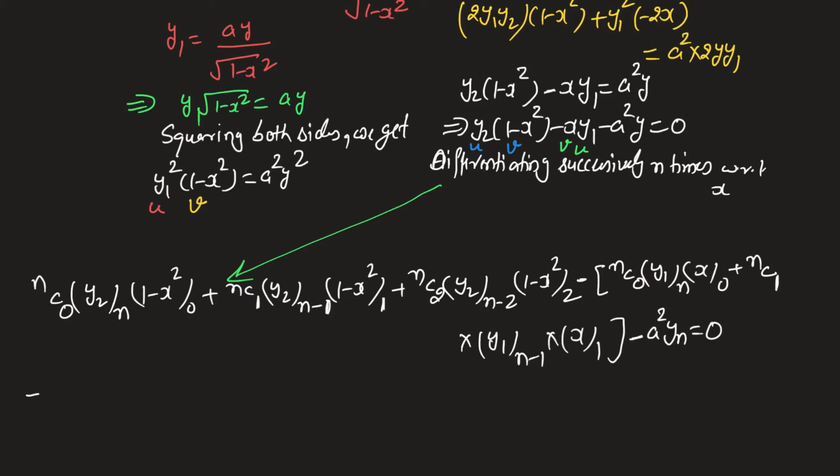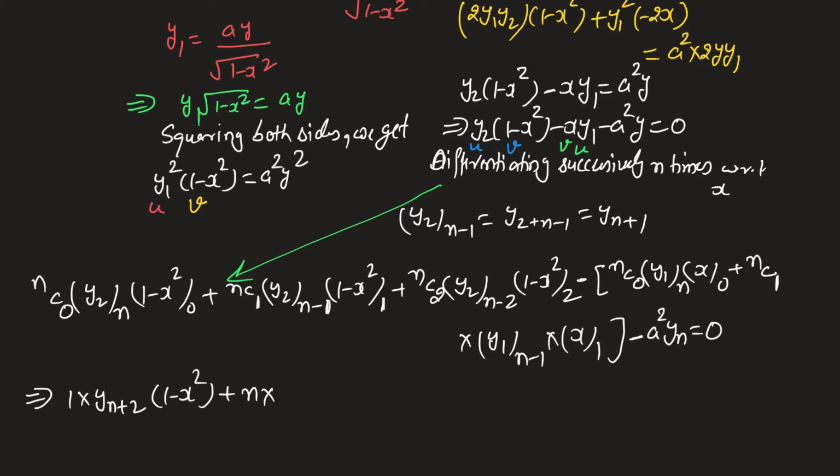This implies that nC0 is 1, this will be y n plus 2 into 1 minus x square, nC1 is n, y2 n minus 1 is y 2 plus n minus 1 is y n plus 1.